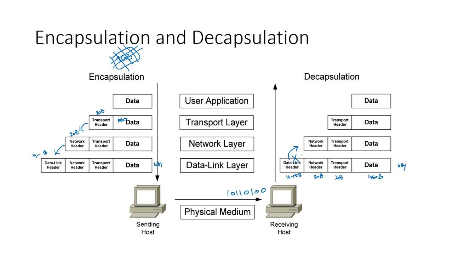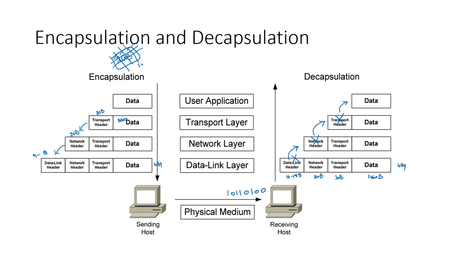Vice versa is happening on the other side. The network layer will decapsulate, take its header off, and hand it over to the transport layer. The transport layer will take its header off and hand it over to the application.